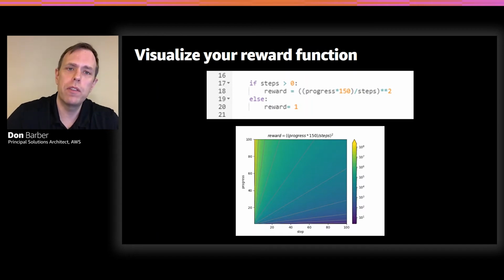So if you're ever having trouble figuring out if your reward function is actually going to be rewarding the right thing or not, I do definitely recommend just graphing it. It might get complex with multivariable graphs. You might have to go to 3D, even 4D graphs, but it's a super powerful way to help visualize what's going on with your reward function.